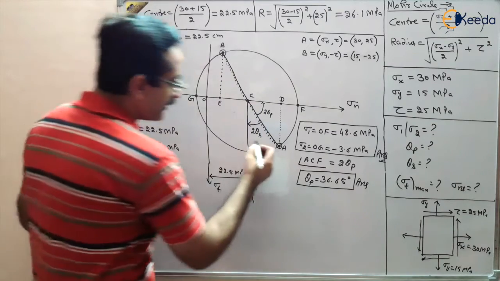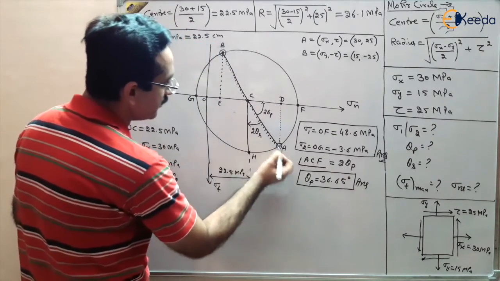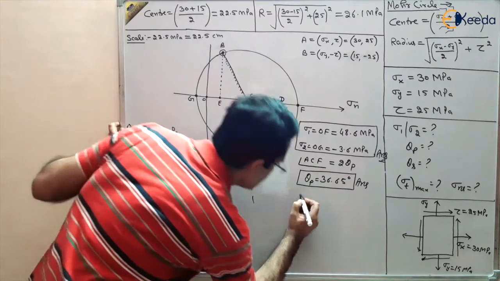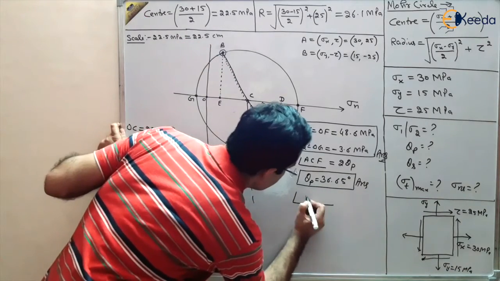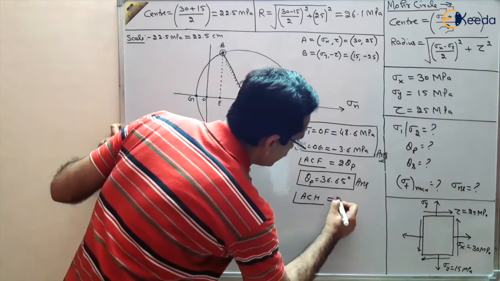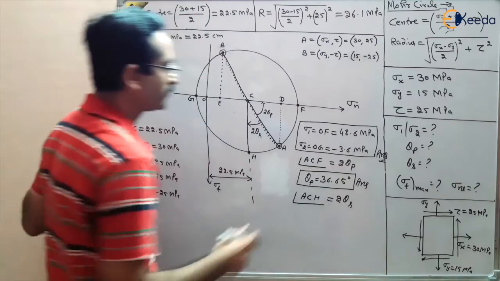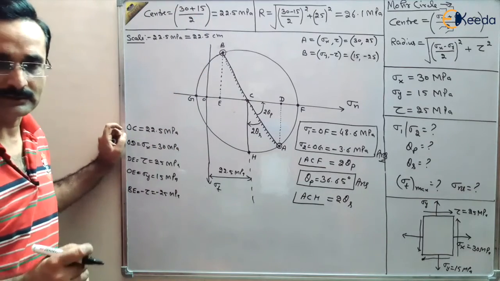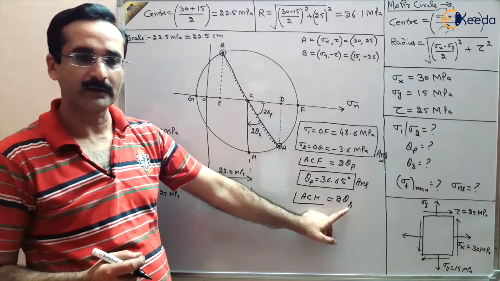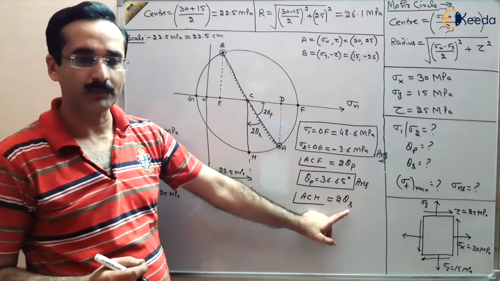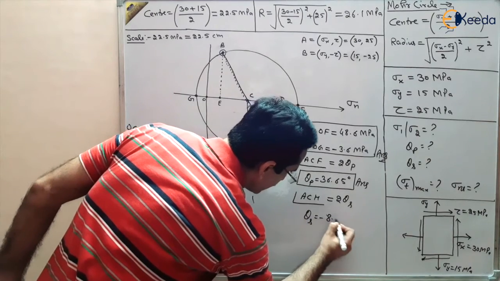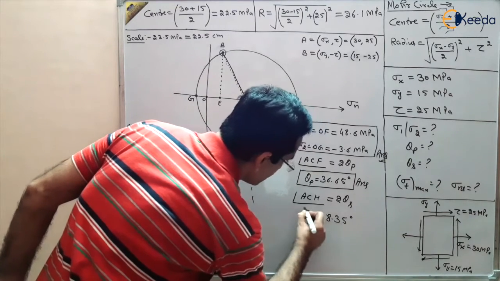So angle ACH is our required result, equal to 2 theta S. Take half of this and you will get the answer, and that will be minus 8.35. So theta S will be equal to minus 8.35 degrees.